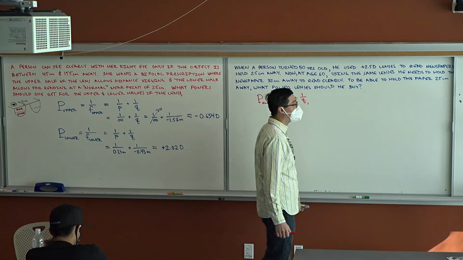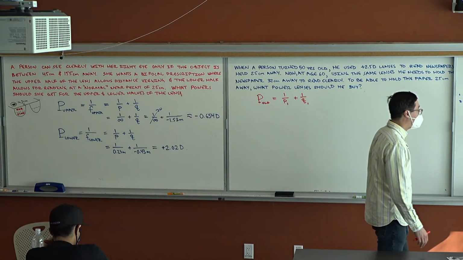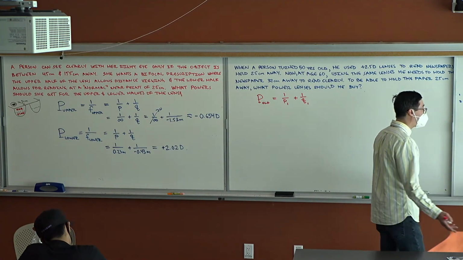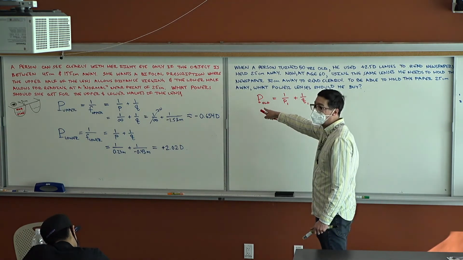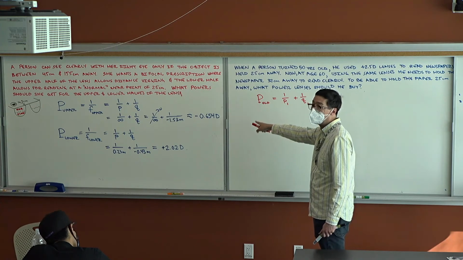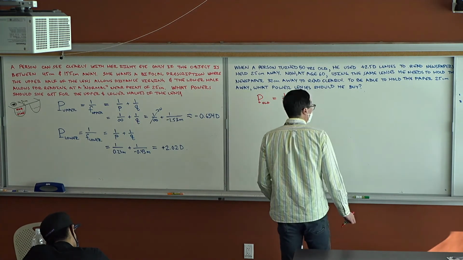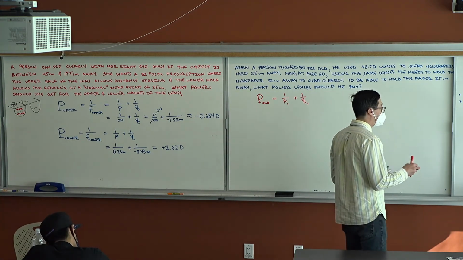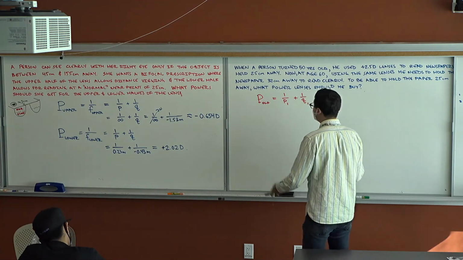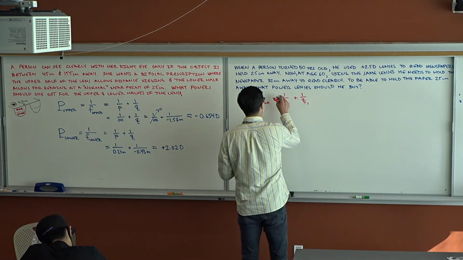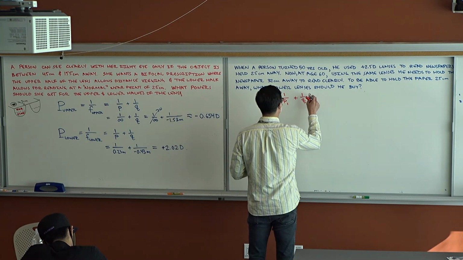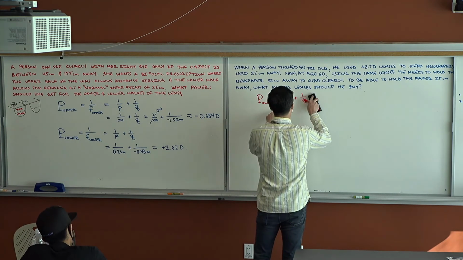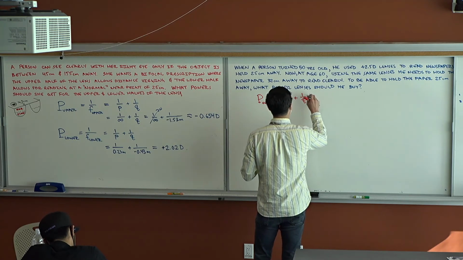So we could say that 1 over p plus 1 over q is 1 over f, but 1 over f in meters at least is the power. And so we could say the same trick we just played, multiply top and bottom of this one by q1 and this one by p1.